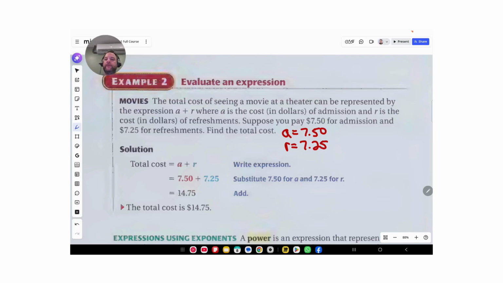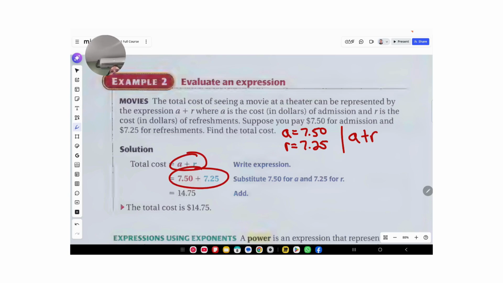Label that R. R is the cost in dollars of refreshments. So first I name what each variable means. A stands for admission, R stands for refreshments. And then the expression will become A plus R. So after substitution, we're going to add. This is A plus R.